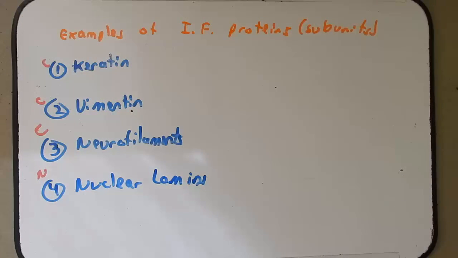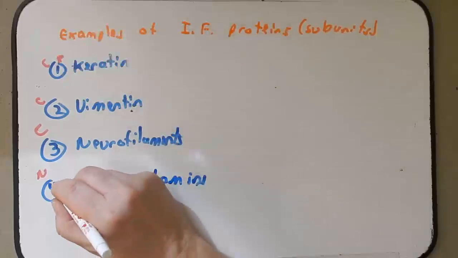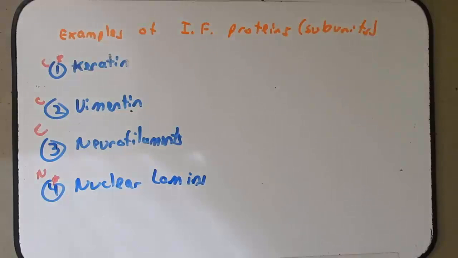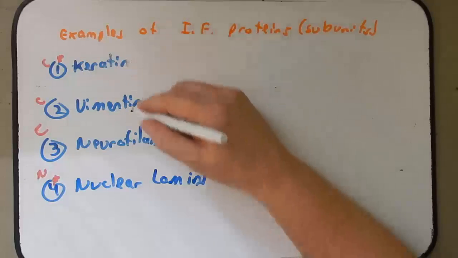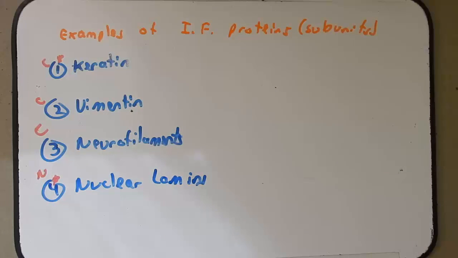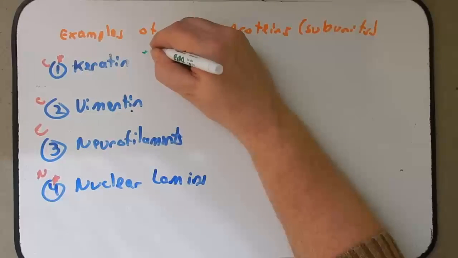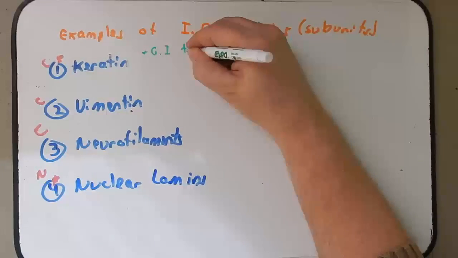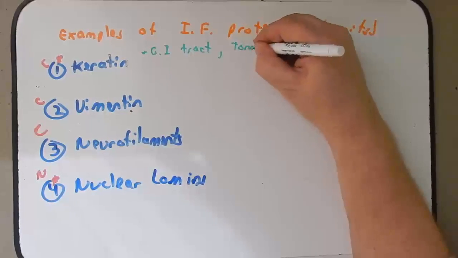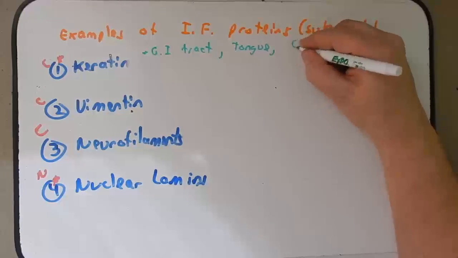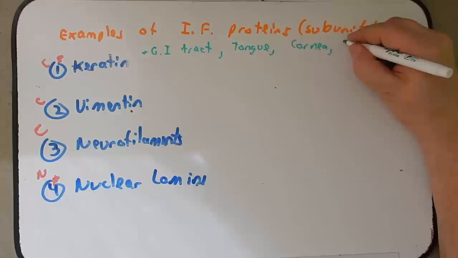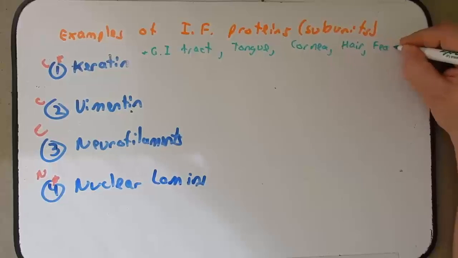And in just a moment, we'll talk a little bit more about keratin and a little bit more about nuclear lamins. But before we do that, I want to give some examples of where we would find these different kinds of intermediate filaments. Keratin we find lining the gastrointestinal tract. It's found on the tongue, cornea of the eye, hair, and feathers for birds.